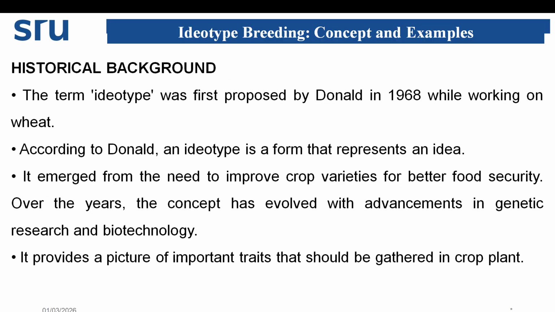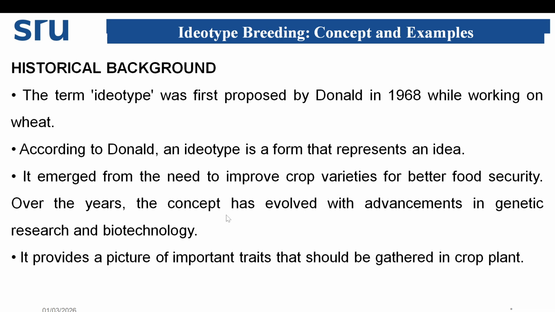Some historical background: the term was given by Donald. According to Donald, an ideotype is a form that represents an idea. It emerged from the need to improve crop varieties for better food security.